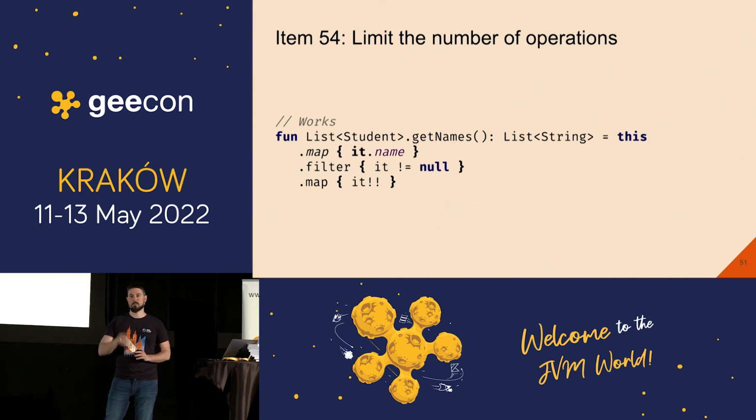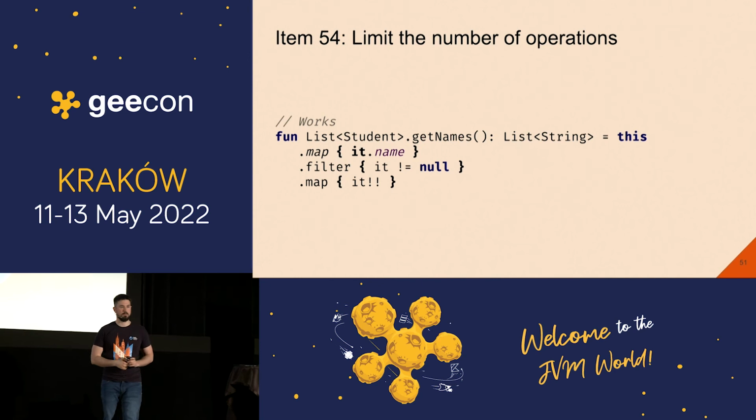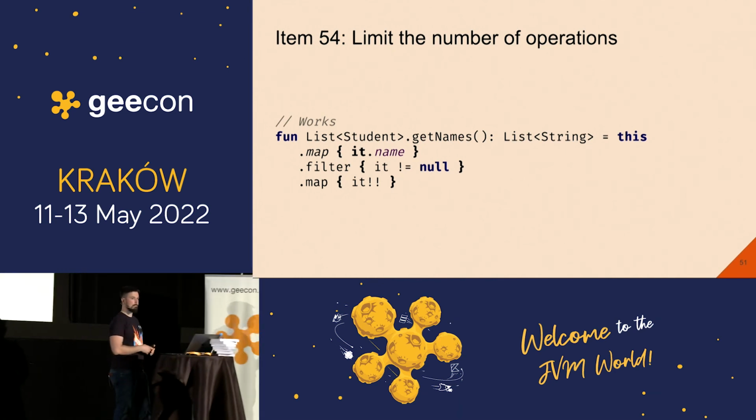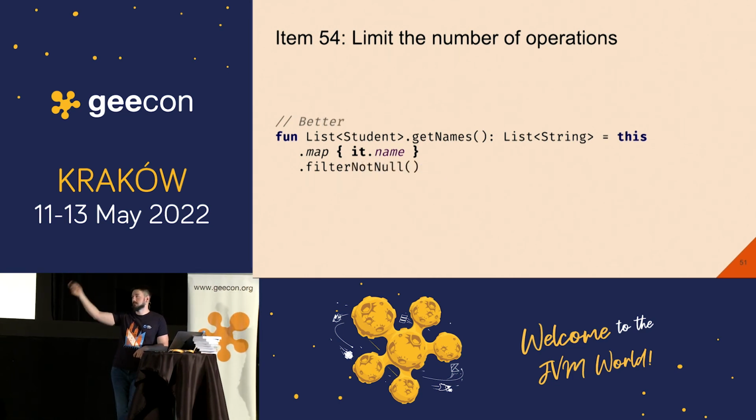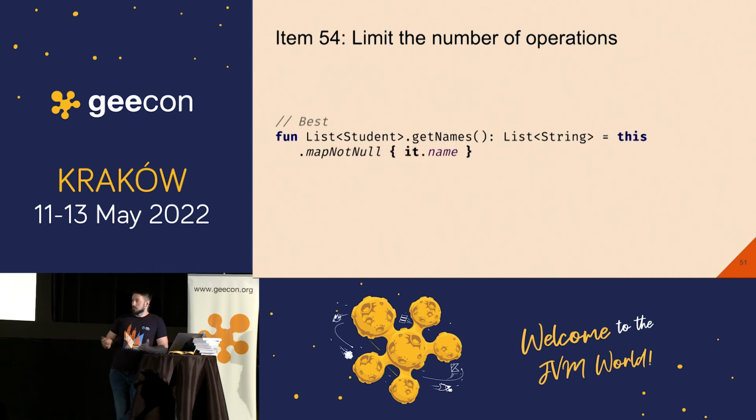We can use mapNotNull? MapNotNull, perfectly. So instead of this filter and map, we can use filterNotNull. Instead of map and then filterNotNull, we can use mapNotNull. Perfect, stay with me.